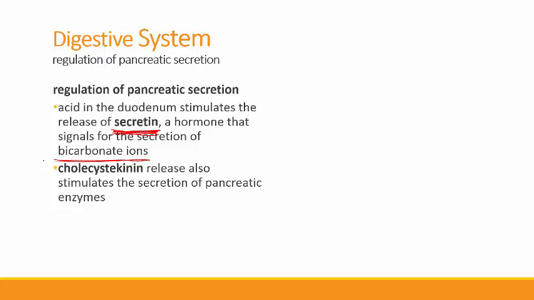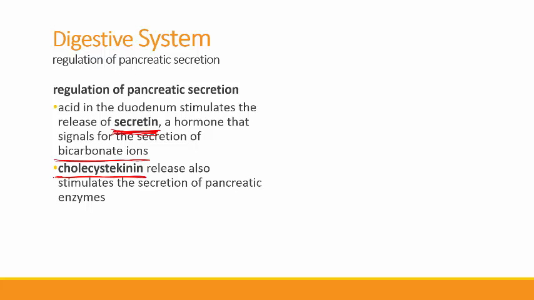The other regulator of pancreatic secretion is provided by the hormone cholecystokinin. I've already talked a little about cholecystokinin. It also stimulates the release of pancreatic enzymes. So there are several functions for cholecystokinin.